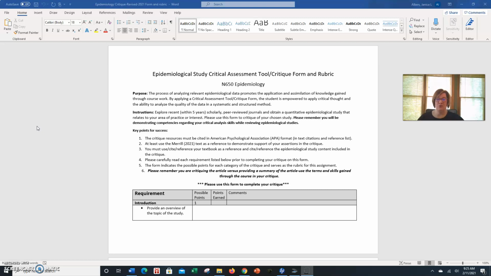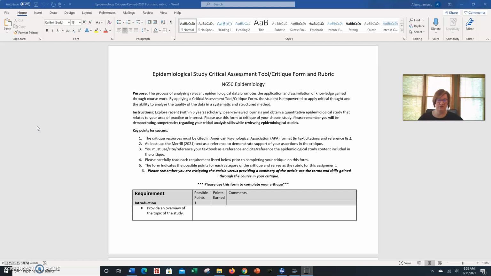And also, you want to validate your assertions or your decisions, your judgment on this assessment, on this critique, based on what you've learned in the textbook. And we're connecting those dots right now.